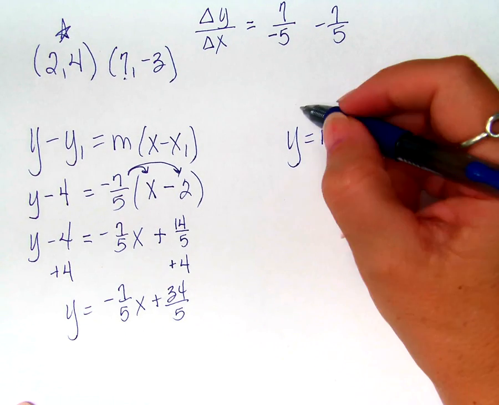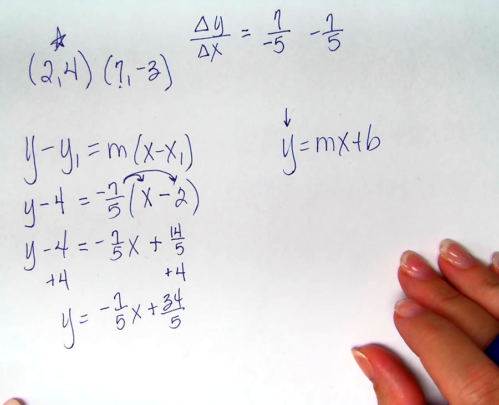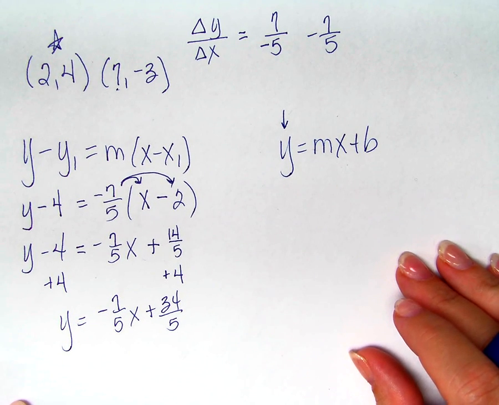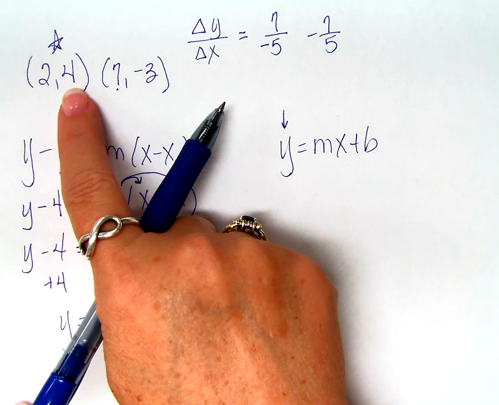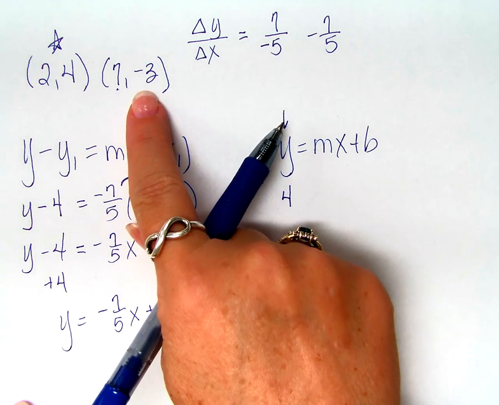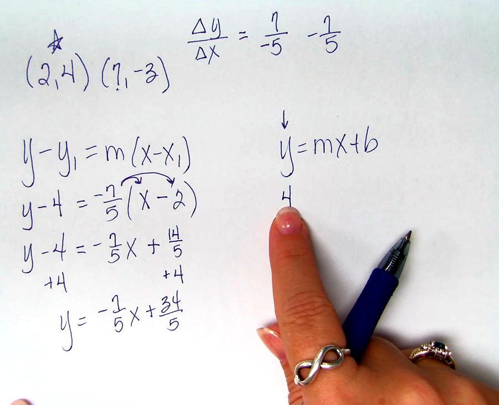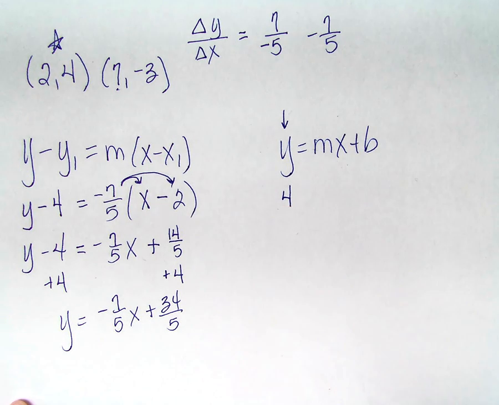So what goes here when we're doing slope-intercept form? One of the y's. So I'm going to choose a 4. Could I choose the -3? Yes. Why did I choose 4? Because.